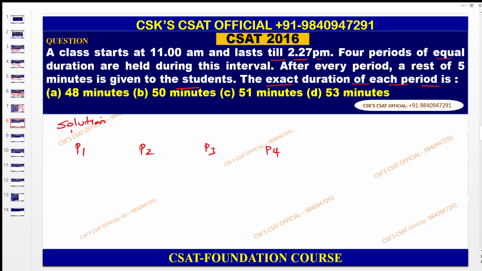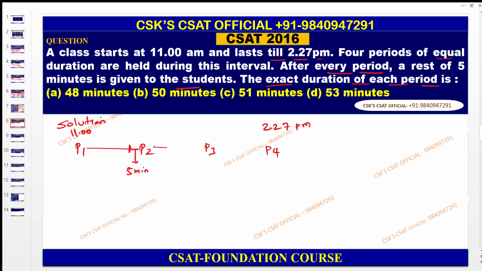Here the starting time is 11 and the ending time is 2:27 p.m. Now there is a gap of 5 minutes after every period. The first period completes, then a 5 minute gap, which means an interval.